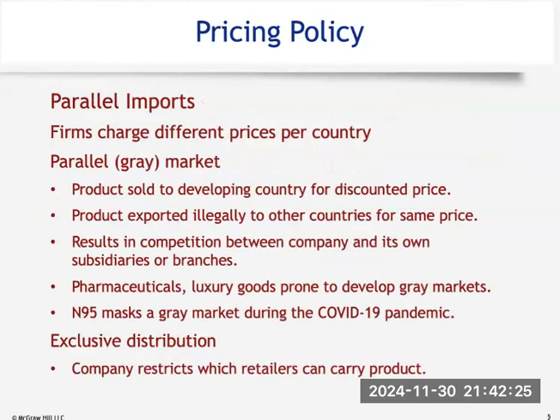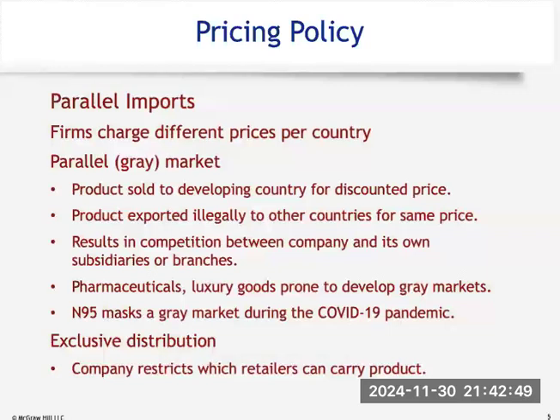Parallel imports. This is really interesting. Looking at it as the gray market, not a black market, but a gray market. And this is not really legal in the US, but products are sold to a developing country, or even from the US to Canada, for a discounted price. And you see this a lot with medications, with pharmaceuticals.